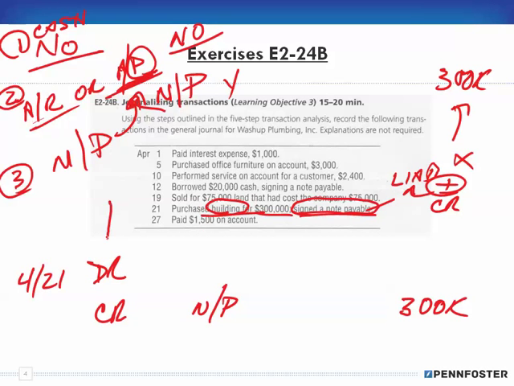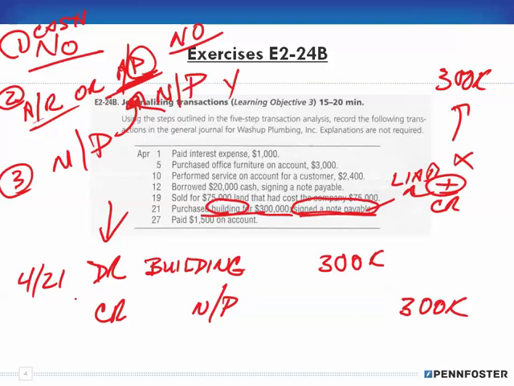Now notice I don't have to think about what the debit is. It says here purchased building. Okay, well, that's going to be something I own. If I'm purchasing the building, I'm going to own the building. So I look under my asset accounts and I look to find the account that makes the most sense, which would end up being building. And that's $300,000.